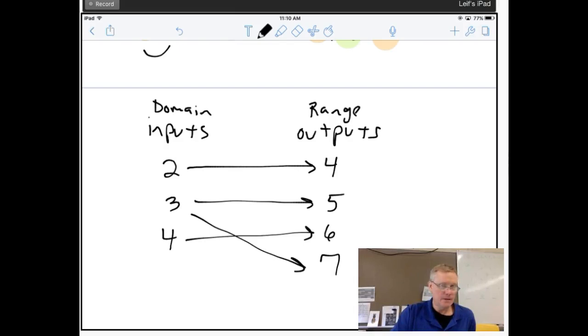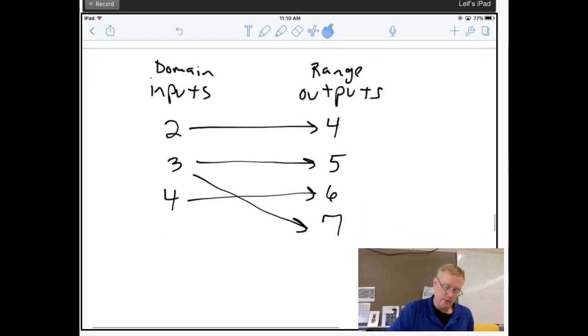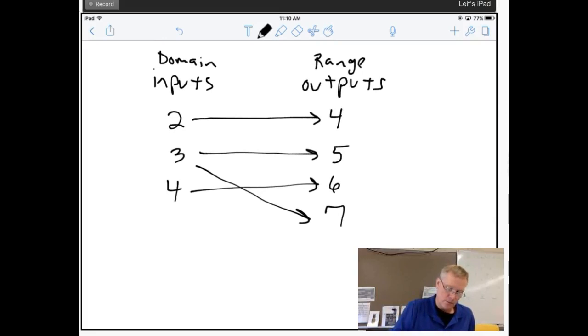Now, I told you in the previous video that if it's a function, every input must go to exactly one output. And therefore, since 3 goes to 2 different outputs, it's not a function, okay?